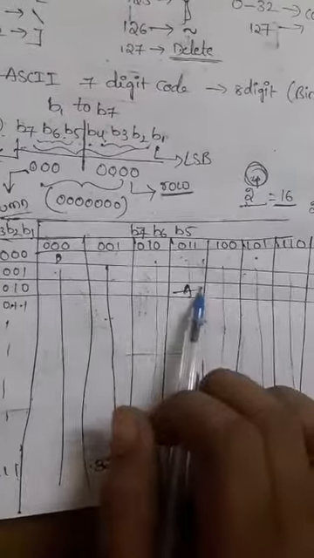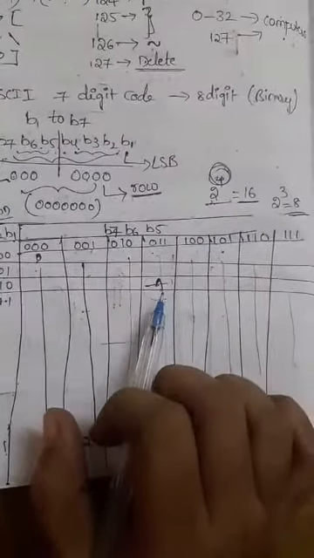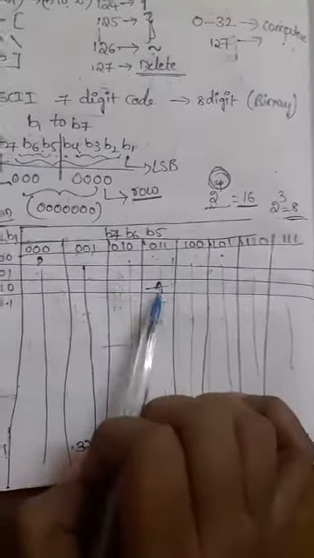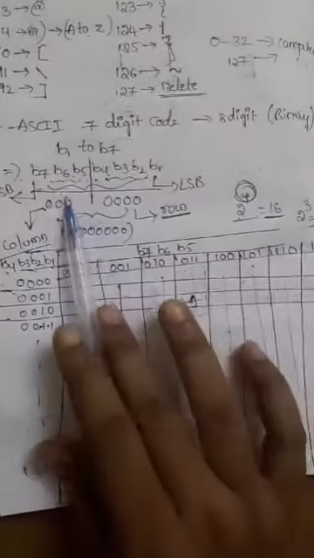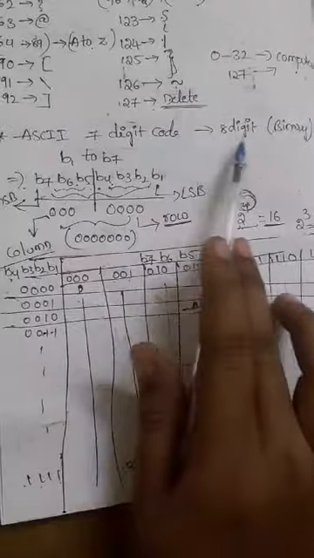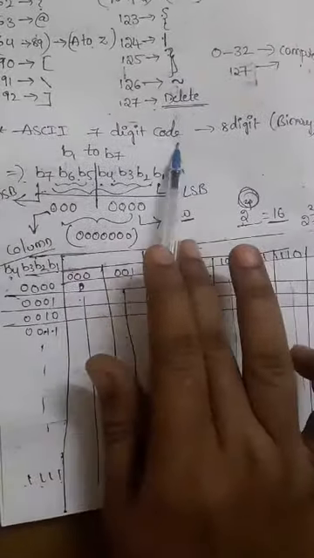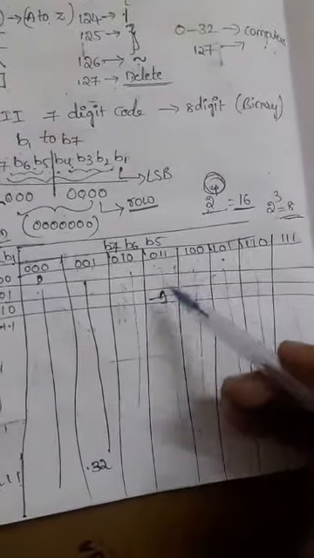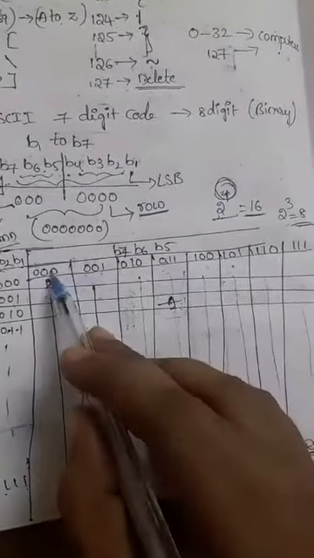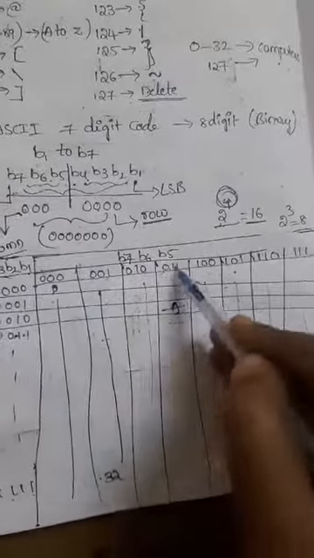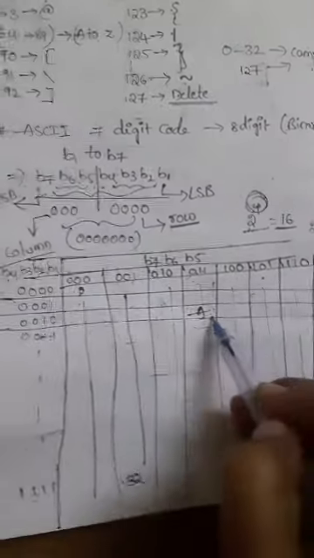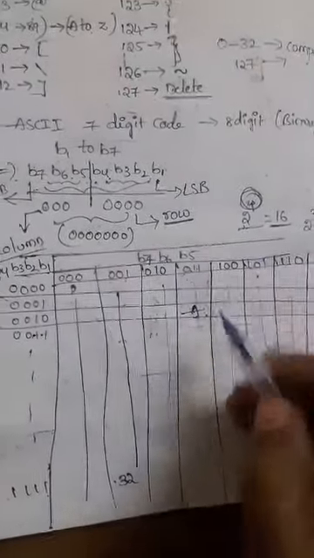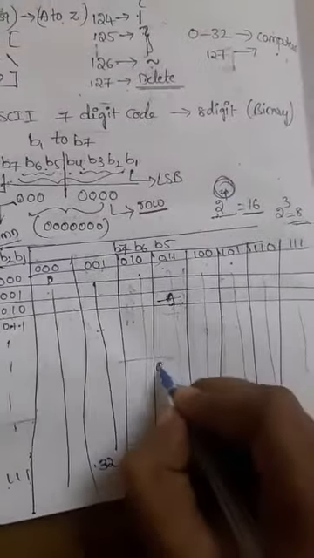Okay, so how do we take the letter A in binary form in the ASCII code? Just refer here. The ASCII code of A can be represented in binary in a 7-digit code. So we need a 7-digit code for this letter A. Which column do we have? 1, 2, 3, 4. A is present in the fourth column. That means the fourth column digit we can represent as 011.